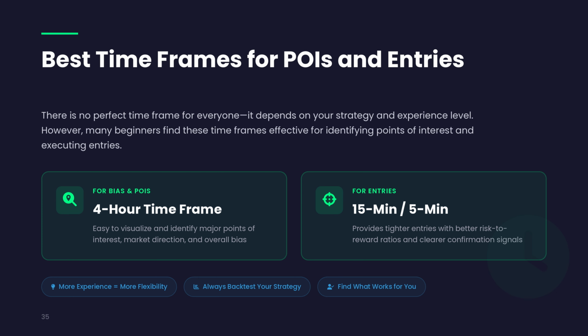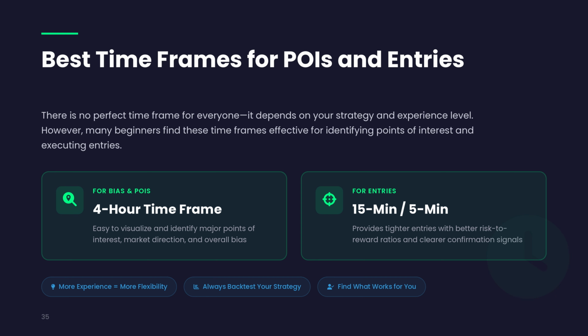trader categories. For identifying points of interest, many traders find the 4-hour chart to be something of a sweet spot. It's high enough to filter out noise and show meaningful structure, yet low enough to provide actionable trading opportunities within a reasonable time frame.